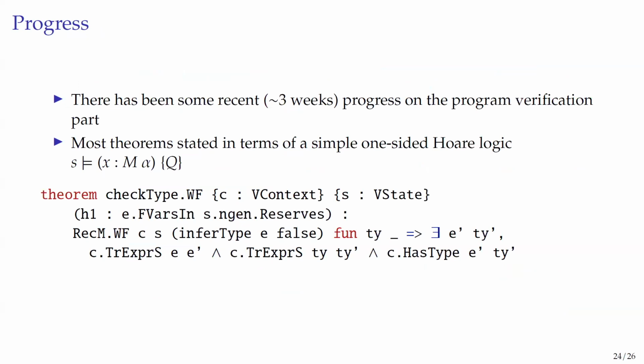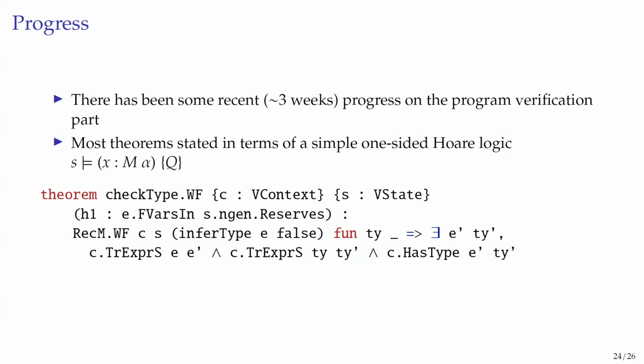And so here's an example theorem. This is the main theorem, and this is one piece of a giant induction over all of the functions. So I can assume this, but I also have to prove it at the end, and that part hasn't been done yet. But this statement here is stating something about the infer type function.